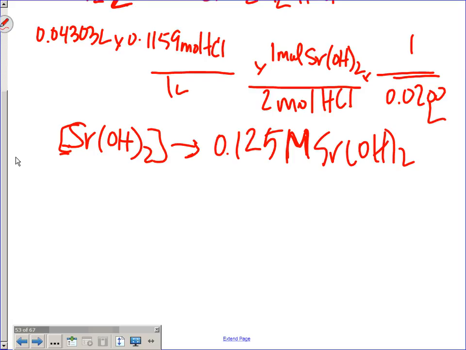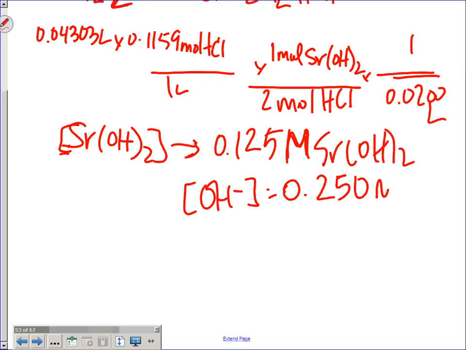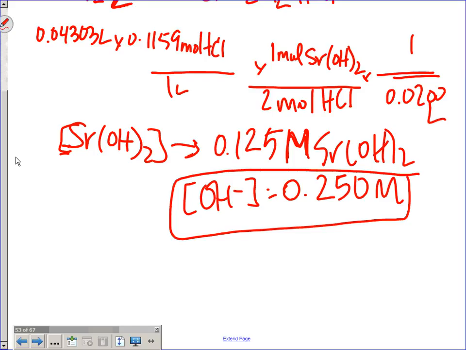So what's the hydroxide concentration? 2.5. And that's what you plug in. I mean, that's the pOH that you'll get, and then you can get pH from there.